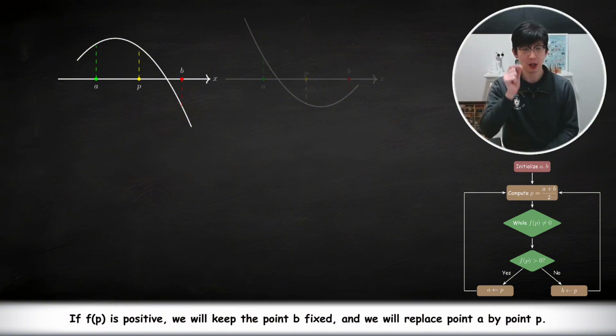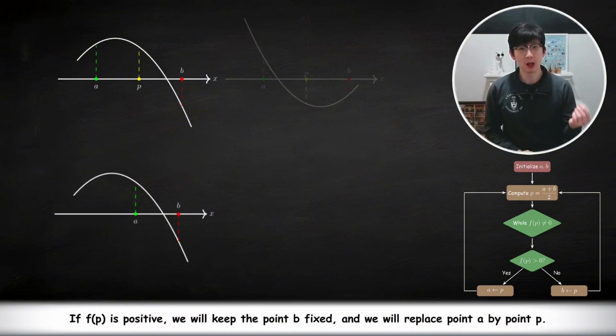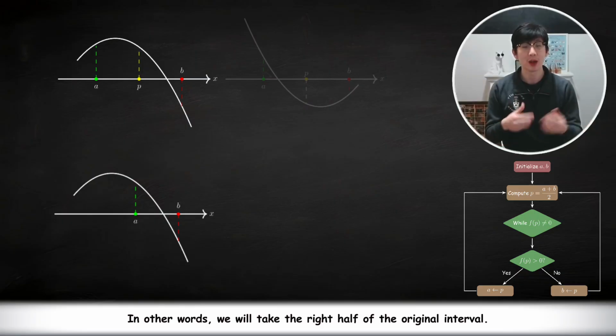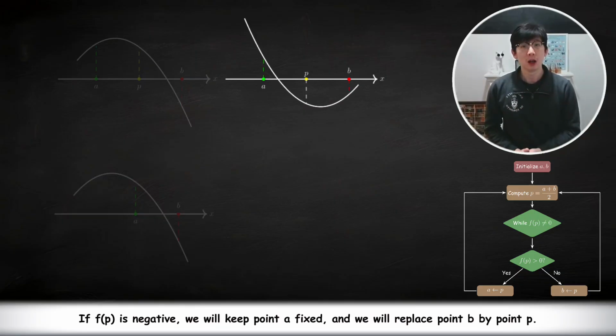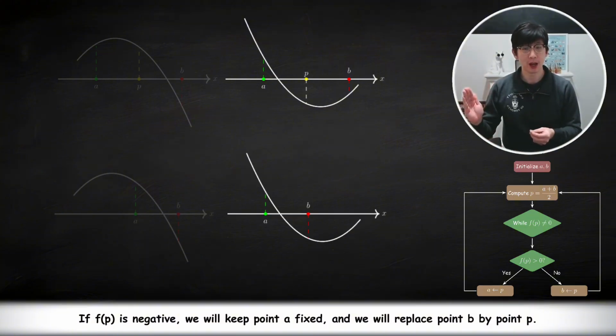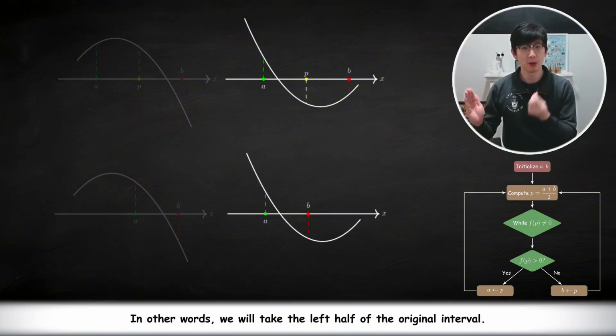If f(p) is positive, we will keep the point b fixed, and we will replace point a by point p. In other words, we will take the right half of the original interval. If f(p) is negative, we will keep point a fixed, and we will replace point b by point p. In other words, we will take the left half of the original interval.